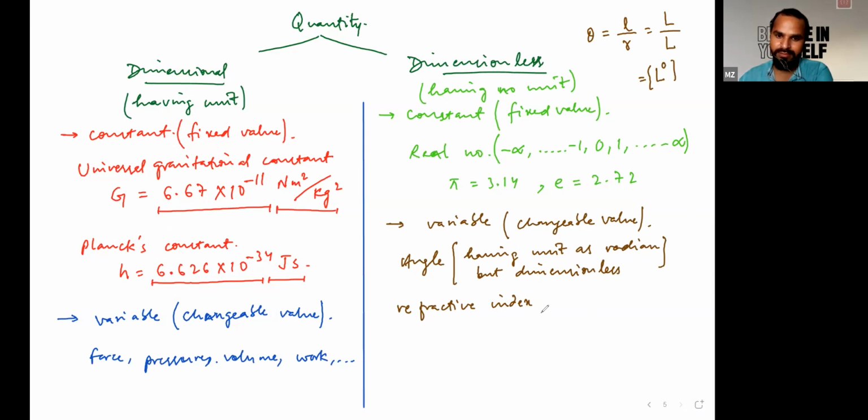Similarly, there was another term that is called relative density, or you can call it specific gravity. Relative density is nothing but the ratio of the density of any substance and the density of water.